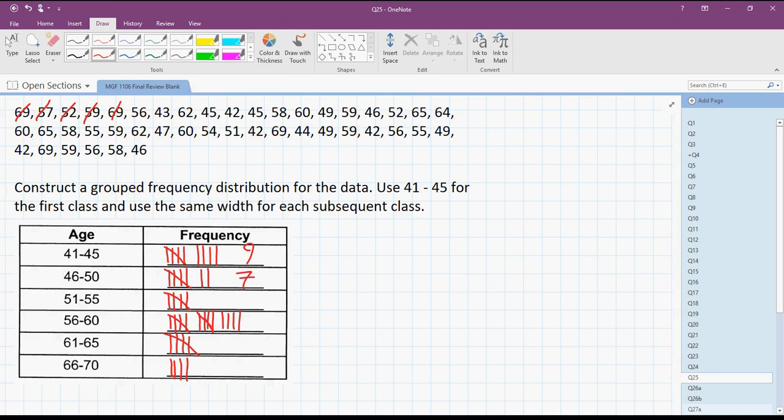And 51 to 55? 56 to 60? 14. 61 to 65? And 66 to 70. And there you go. Those will be the numbers that we're looking for. It's just filling in your tally table just like what we did before. Any questions on this one?